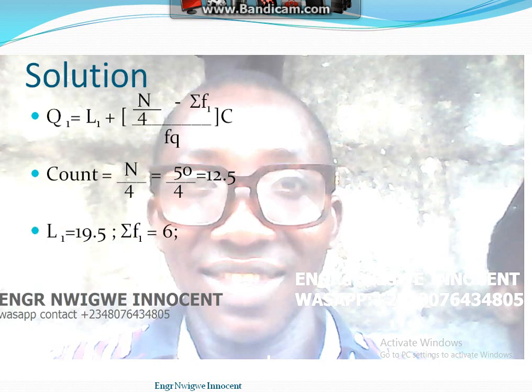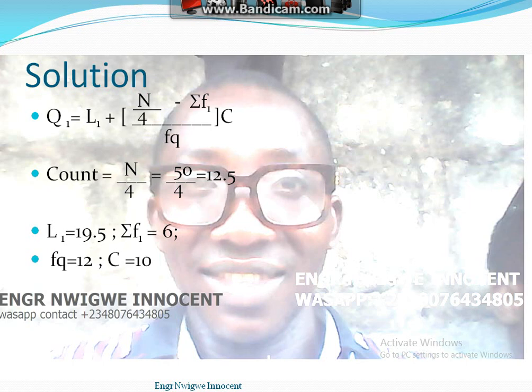Our lower class boundary L1 is 19.5, and our summation of the frequency, that is the frequency before the median class, is 6. Then the frequency of the median class is 12. Therefore, the class difference C is equal to 10.